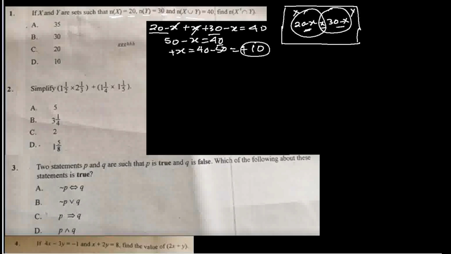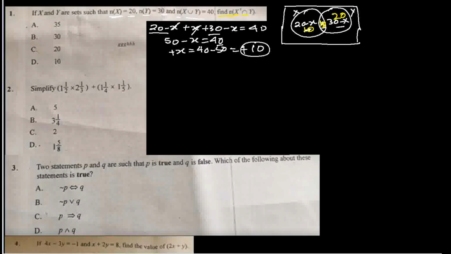So let's rewrite the numbers. It will be 10 here, and 20 here. Now we'll answer this question. We'll find the number of elements in the intersection of y and x prime, that means outside x.